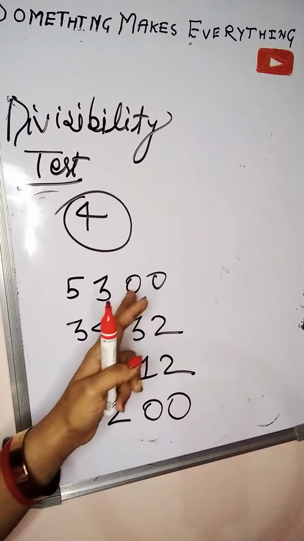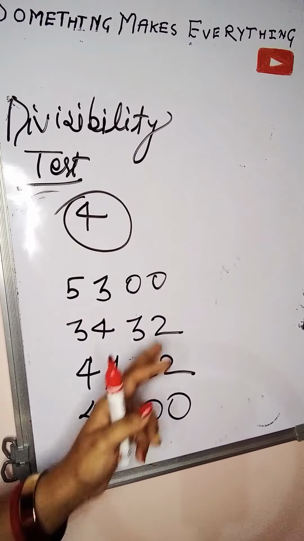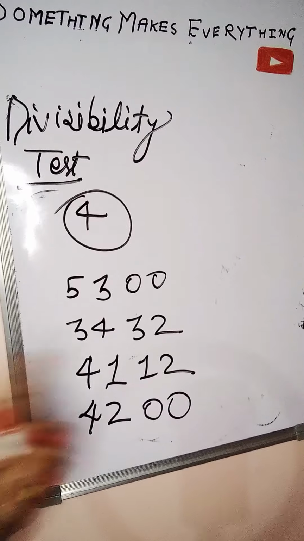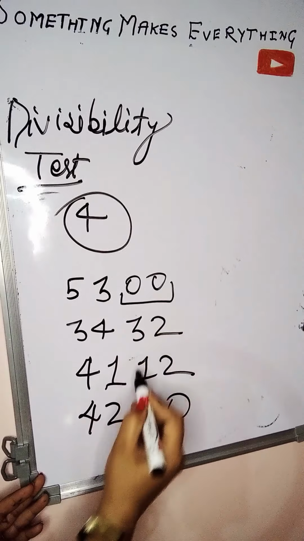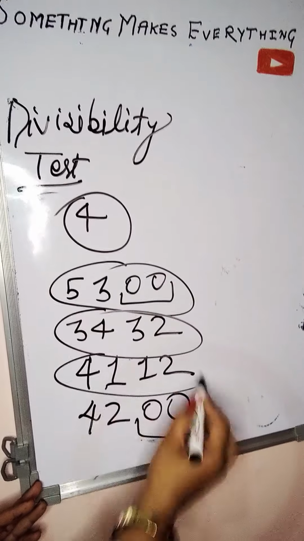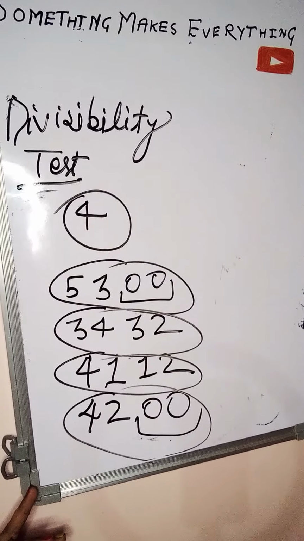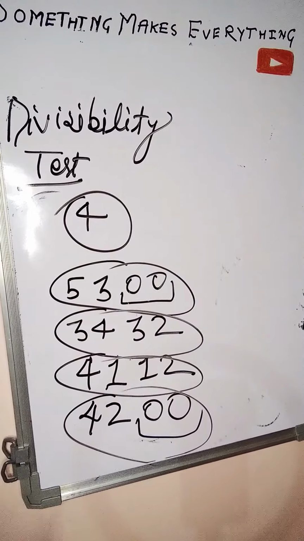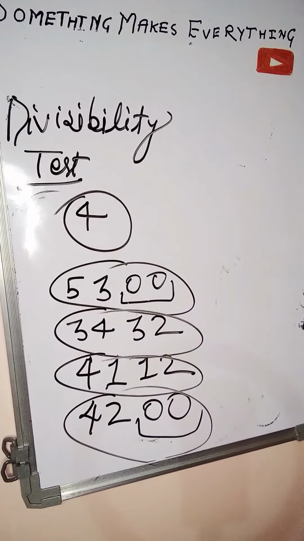If the ones place and tens place are completely divisible by 4, or if the last two digits are 0, the whole number will be completely divisible by 4. You will just check it from ones and tens place. The last two digits you are going to take.